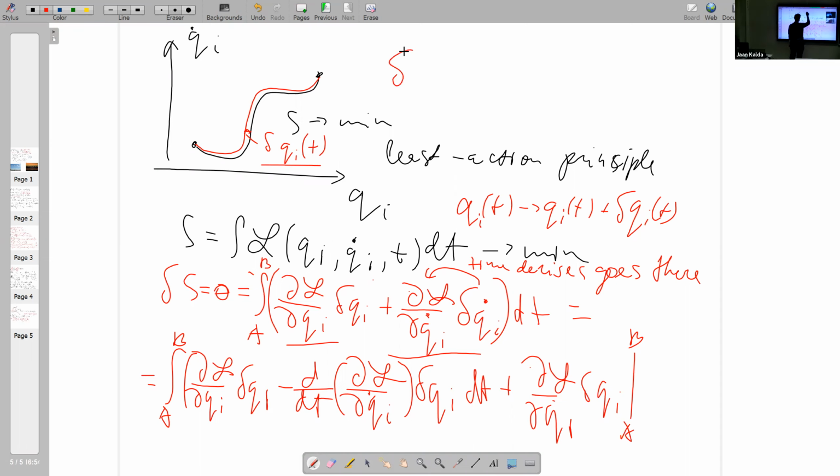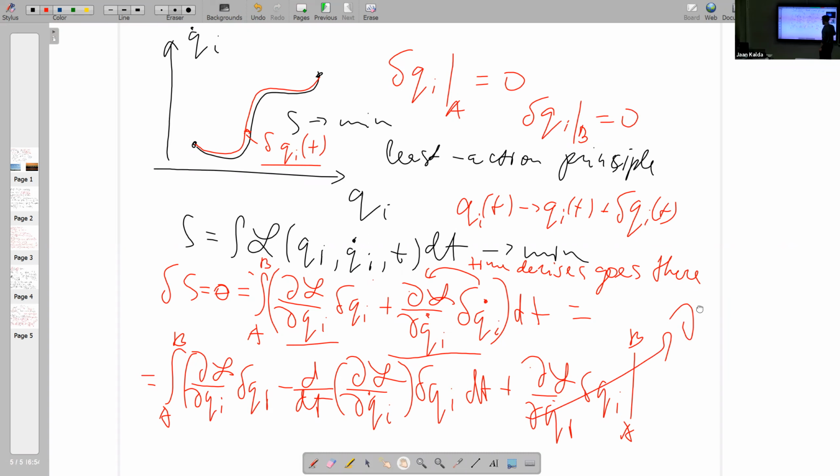So delta qi at a is 0, at the initial moment of time, t equal to 0. At point A it is 0, and the same is at point B. So this guy over here goes away, because I assume that there is no variation at the starting and ending point. It still needs to start from A and end up at B. So the last term goes away.